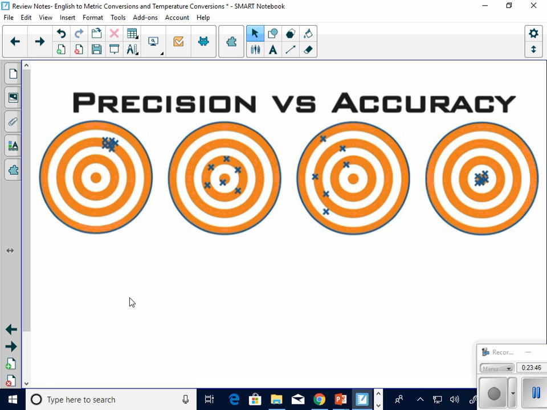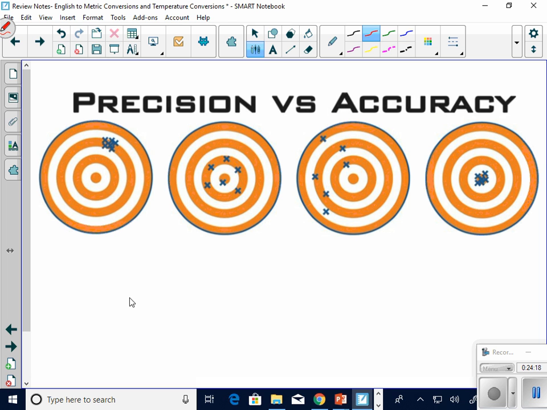What is precision? What's precision? Yeah, Austin? How close are they grouped? Okay, how close are they grouped? So I'm looking at this, okay? I'm looking at this, and I say, okay, accuracy, precision.